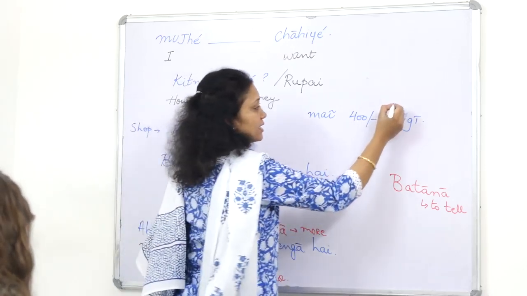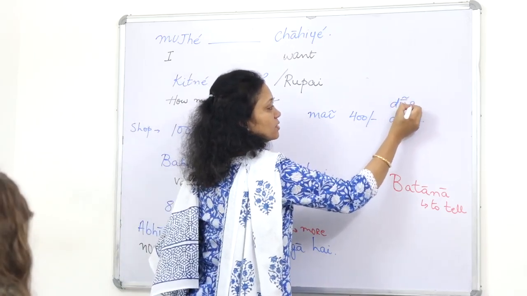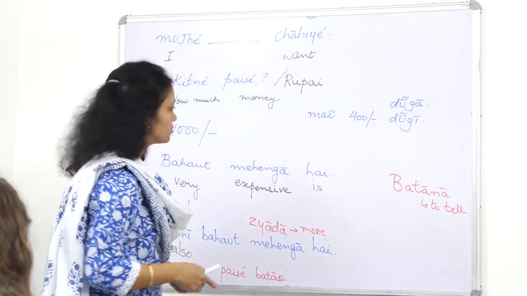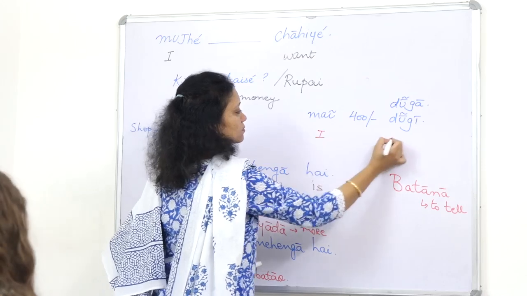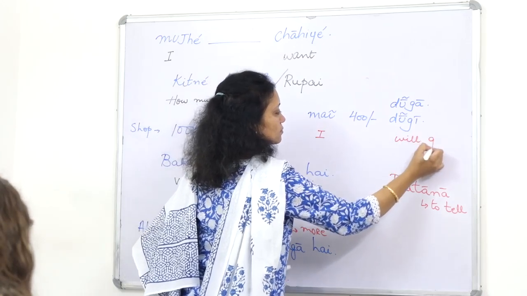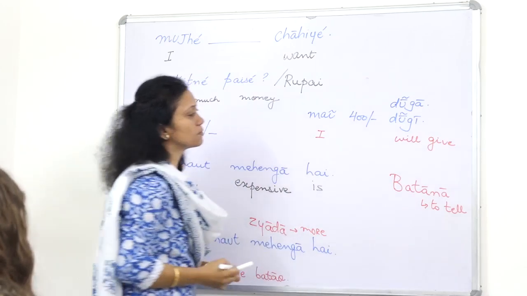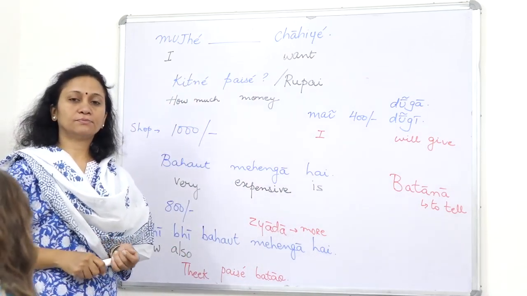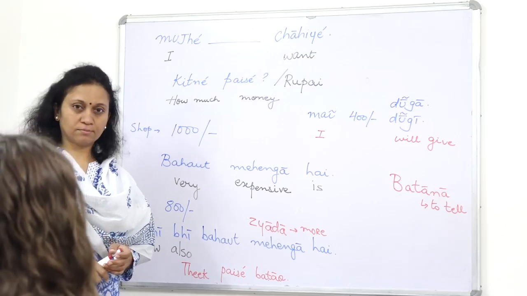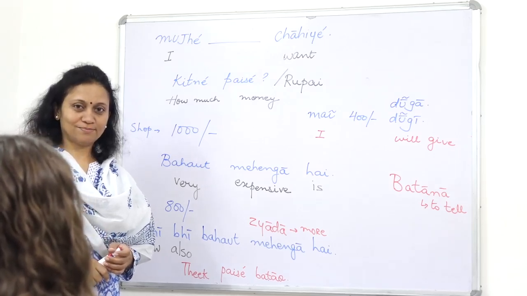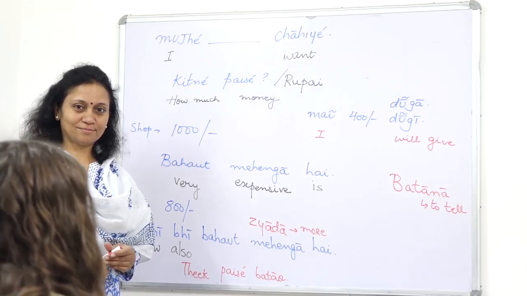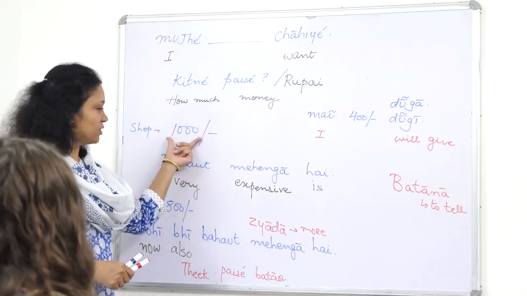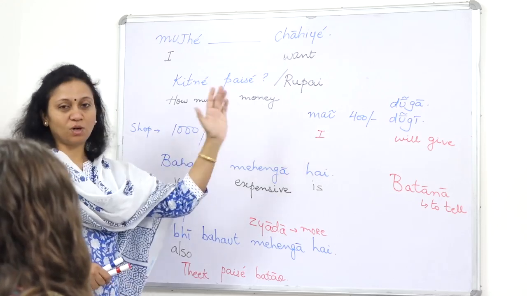If it's a boy saying it, he would say मैं 400 दूंगा. ठीक है? Okay. So whatever the cost is, you have to get it to at least half of it.